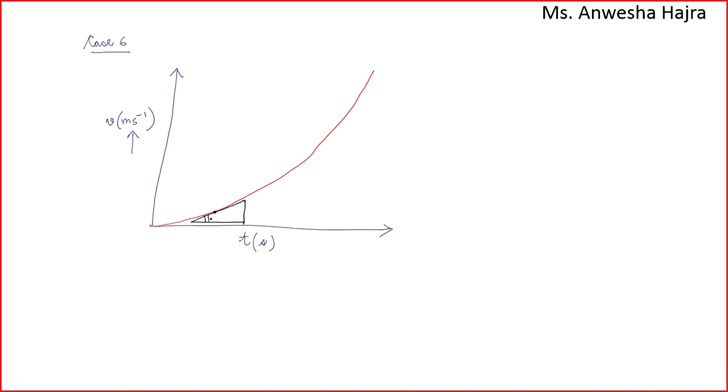if this angle is theta 1 at the point A, at the point B you see the slope has increased. And at this point the slope has further increased. Theta 3 is greater than theta 2 is greater than theta 1.